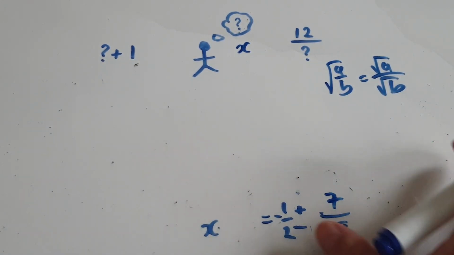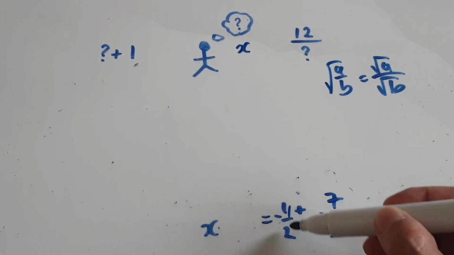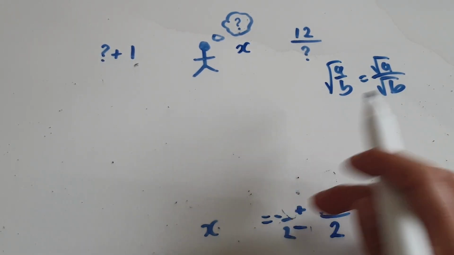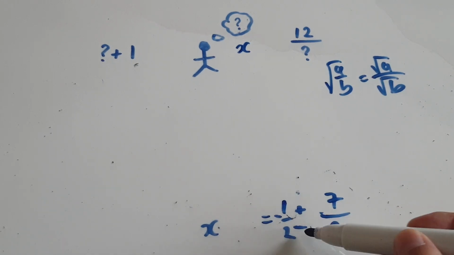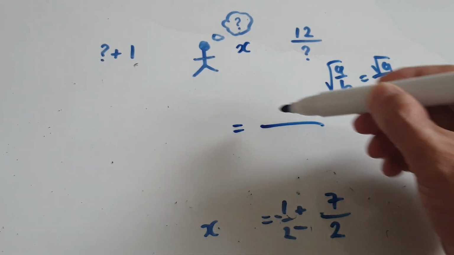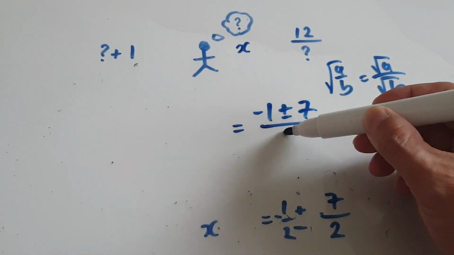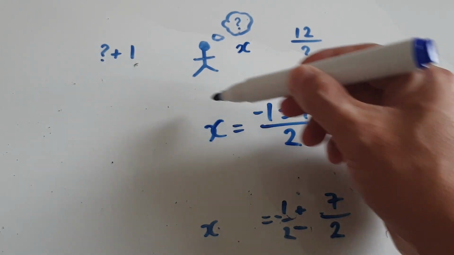And then square root of 4 is the number 2. So now you've got negative a half, plus minus, and then you can see that it's over 2, over 2, same denominator. So merge them together. So that will then become plus minus 7 over 2. So this is your final answer.